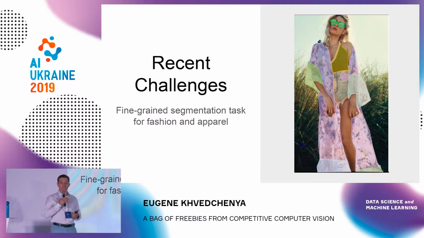This is really challenging because it requires you to segment not only high-level apparel, but also fine details like a zipper or a necklace. So there is a huge variation in the objects to be detected.